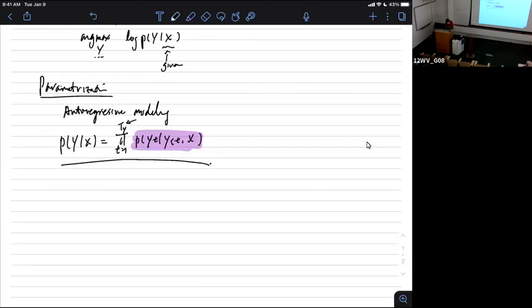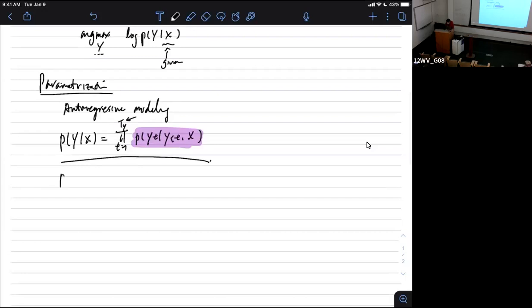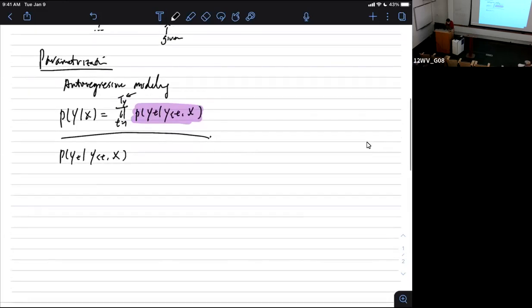Let's look at what this implies. We need to be able to compute P of y_t given y_{<t} and x. What is the input? The input is y_1 all the way to y_{t-1}, which is a sequence, and then another sequence, so this is a concatenation: x_1, x_2, all the way to x_{T_x}, where T_x is the length of the source sentence.